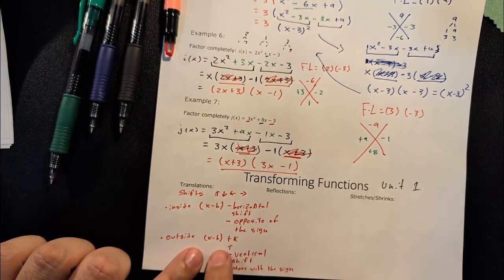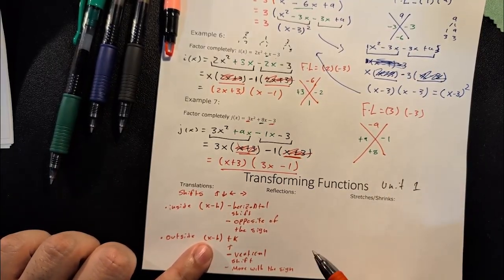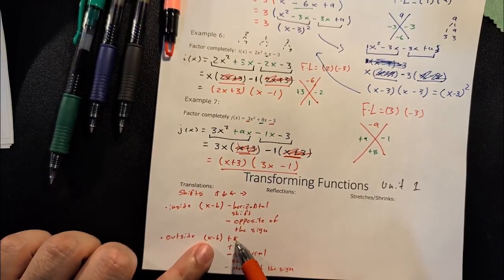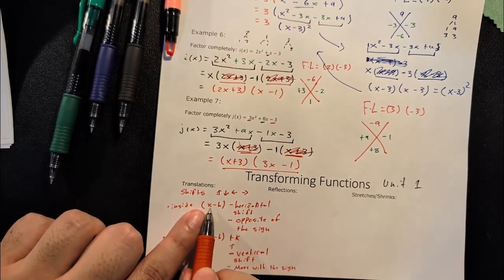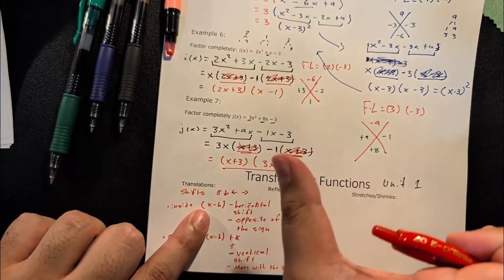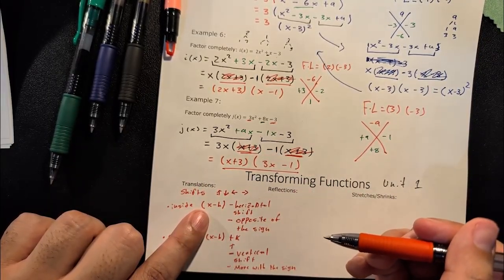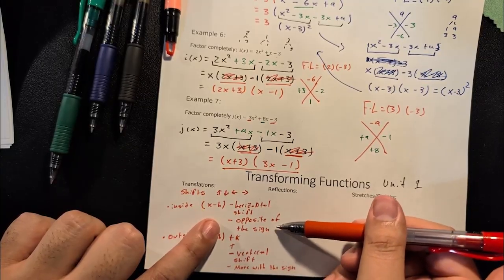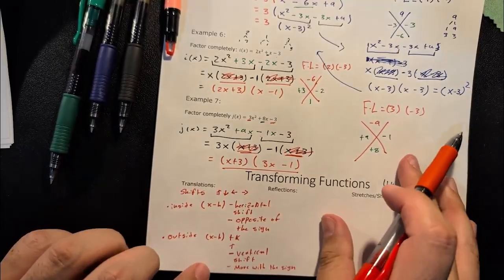So meaning if it tells you plus 10, that means move positive 10. And since it's vertical, if we have a plus 10, that means shift up 10. If it's inside, we have an x minus 10. It's going to be a horizontal shift, so it's going to be left and right, and it's going to be the opposite of the sign. So if it's x minus 10, it's going to be moved to the right 10.